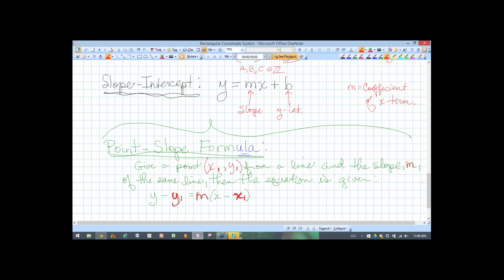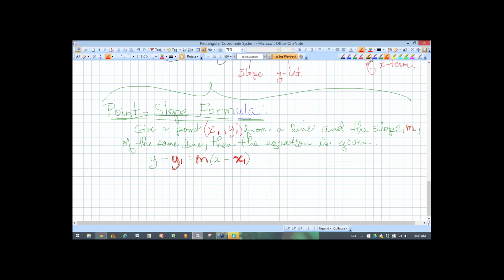So here's what these are going to look like. For example, let's say we're given the point (-3, 1) and the slope of 3.